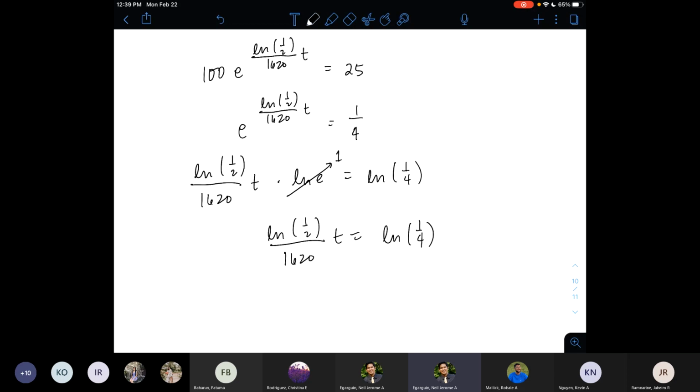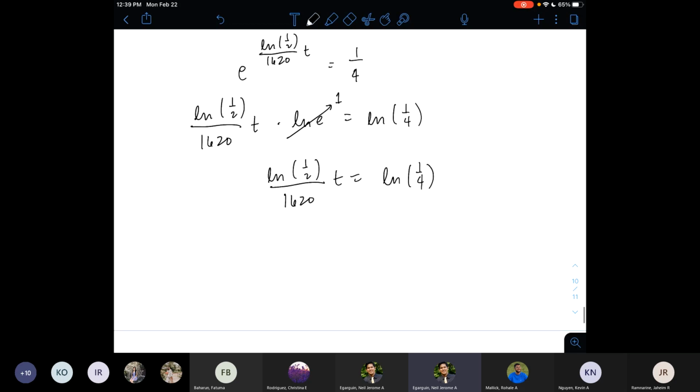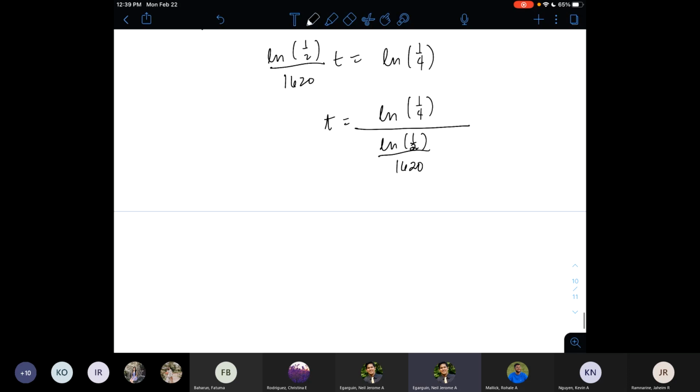Then let's do the algebra to find t. So t would be ln of 1/4 all over ln of 1/2 over 1620, or basically t equals 1620 ln of 1/4 over ln of 1/2.